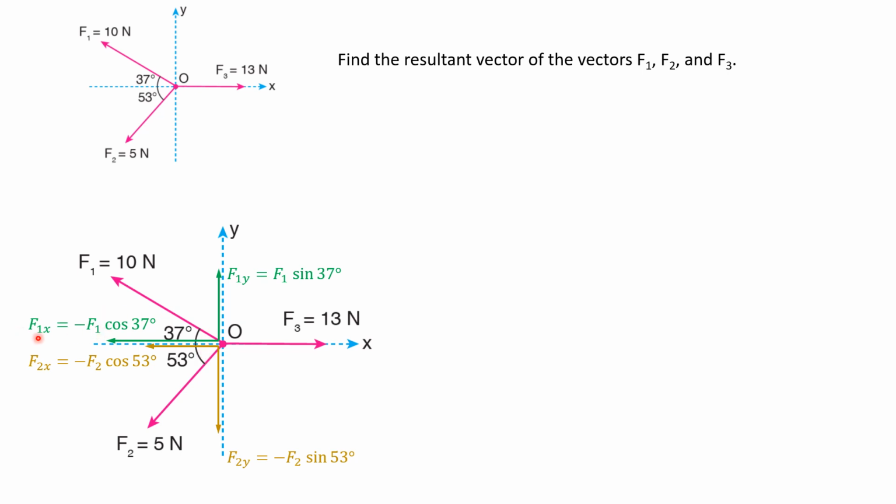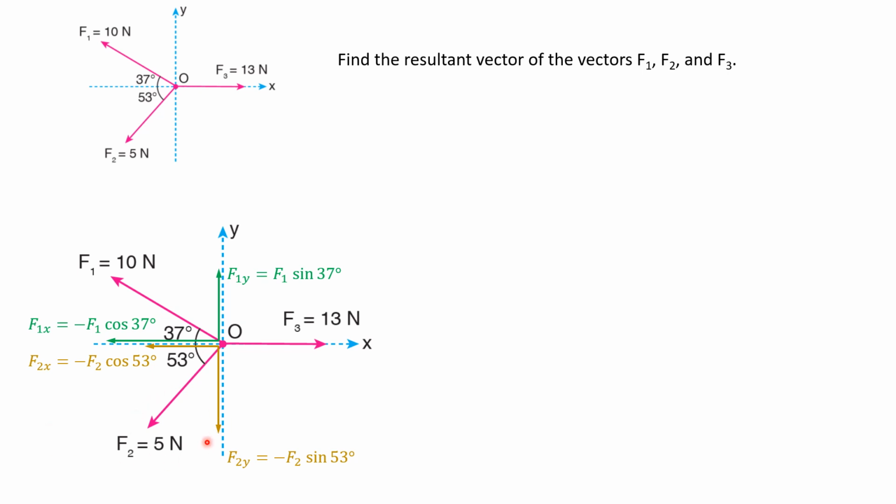So f1x is going to be equal to negative f1 times cosine 37 because this angle is 37. f1y is going to be positive because it's pointing in the positive direction: positive f1 times sine 37. And the same thing goes for the second vector.